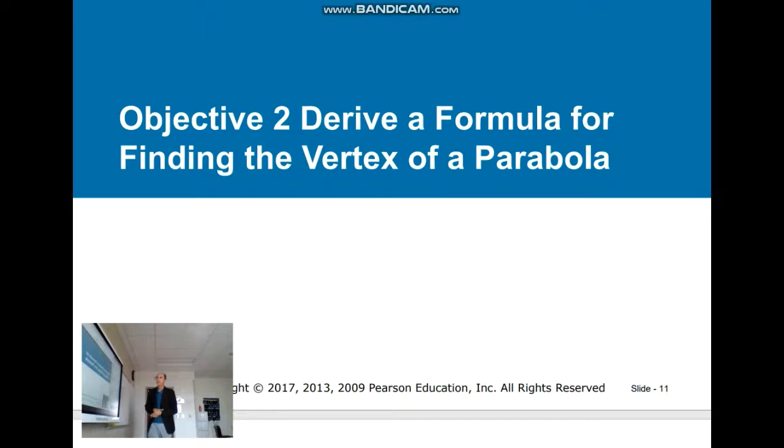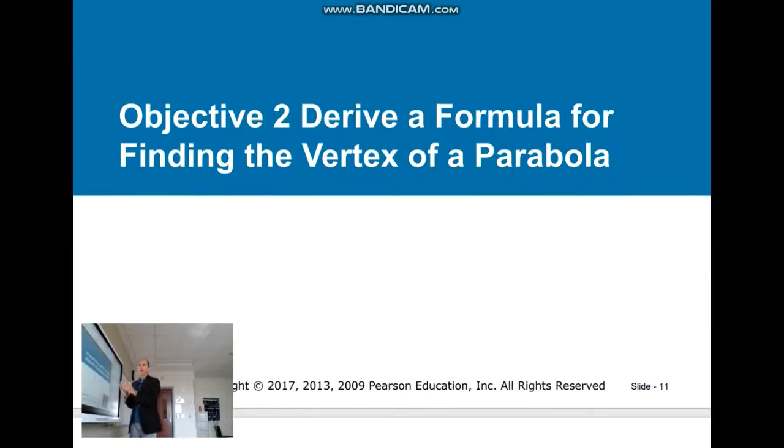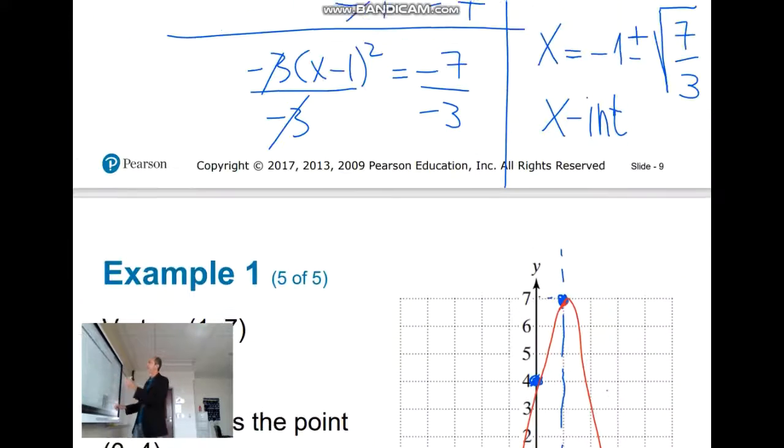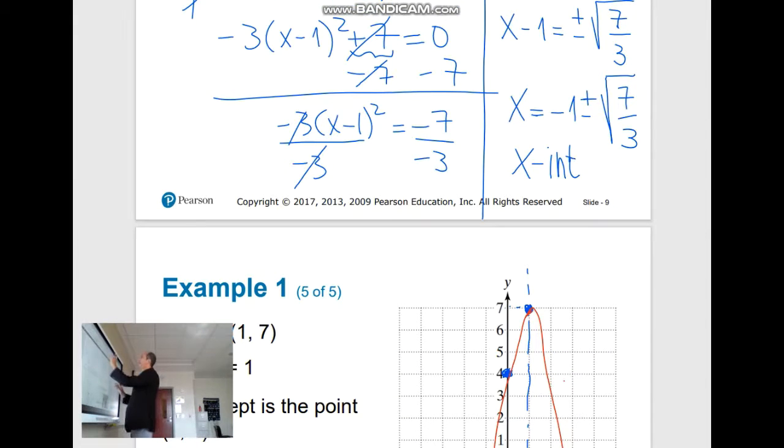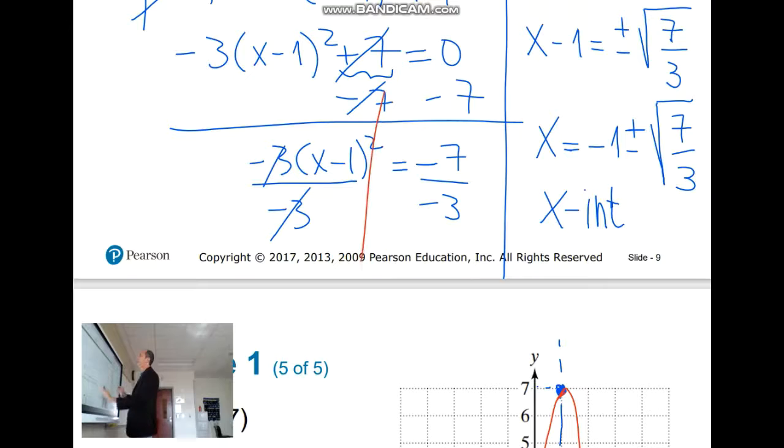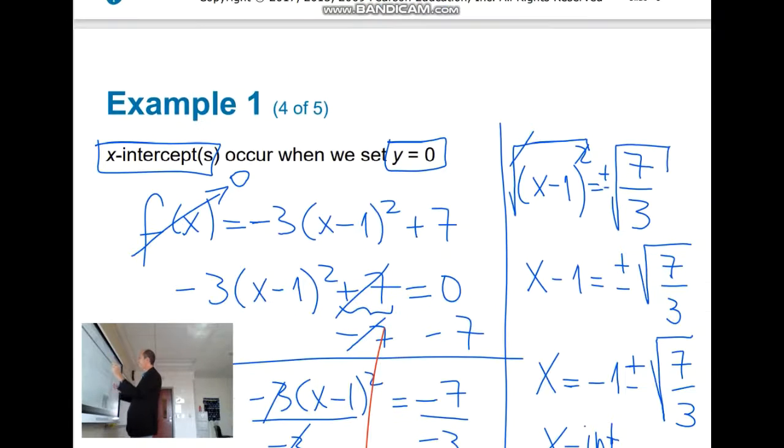Next, objective number 2: derive a formula for finding the vertex of a parabola. So this is one way of finding the vertex, changing the equation into the right format.